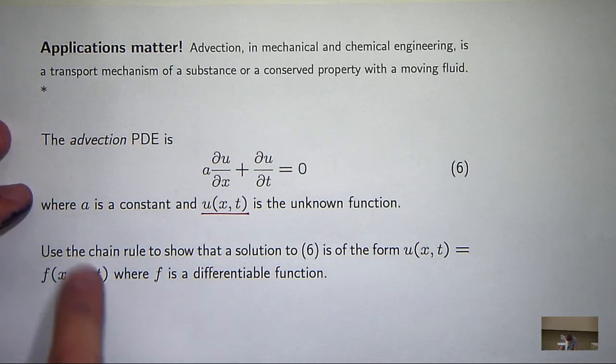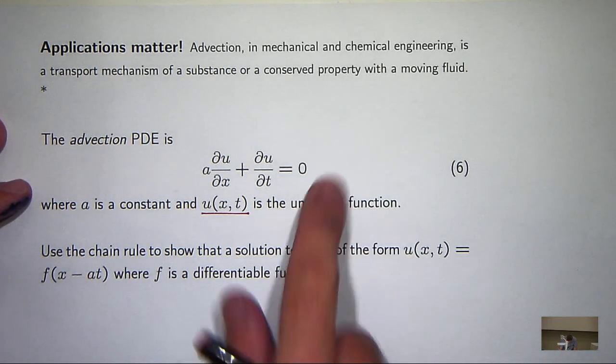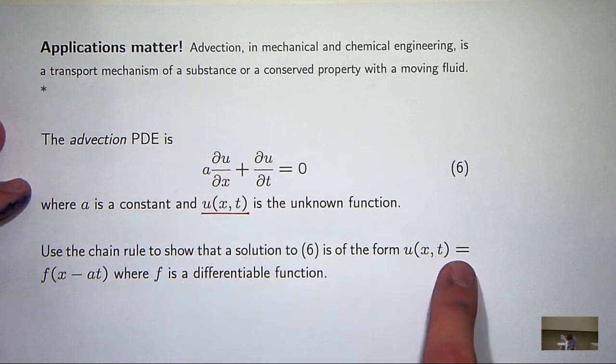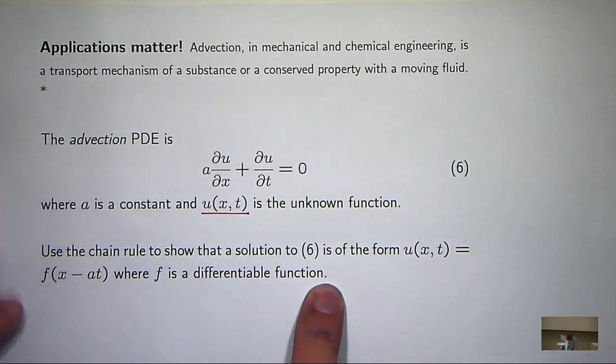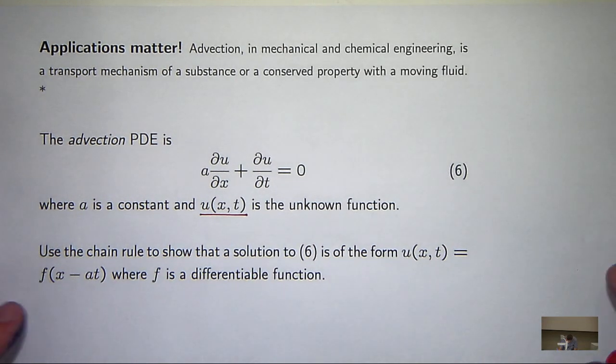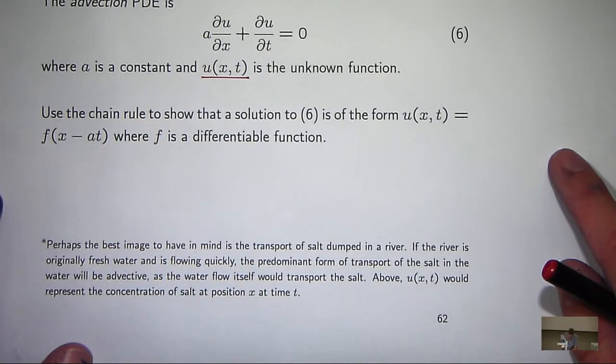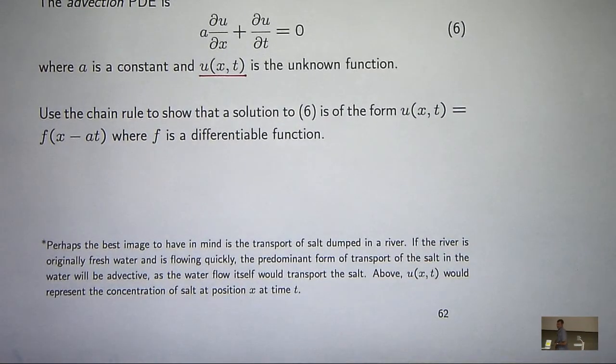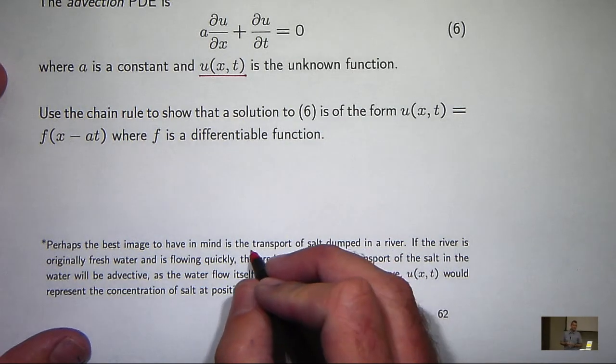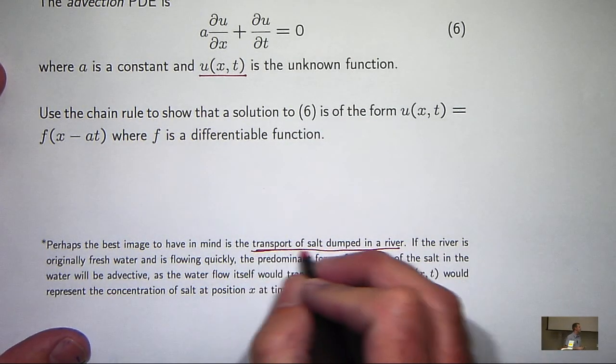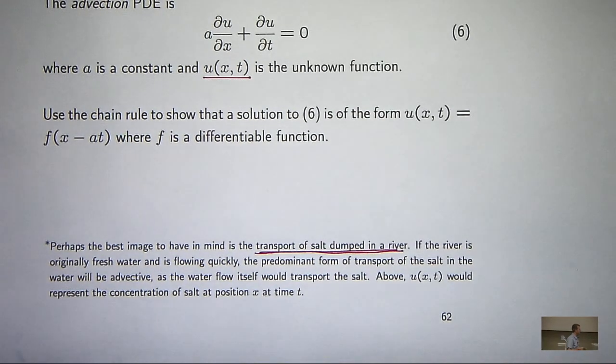We're asked to use the chain rule to show that a solution to this PDE, the advection PDE, is of this form where f is a differentiable function. Okay? Now, just to give you some insight into that, with advection, you can think of it as representing the transport of salt that's dumped in a river.